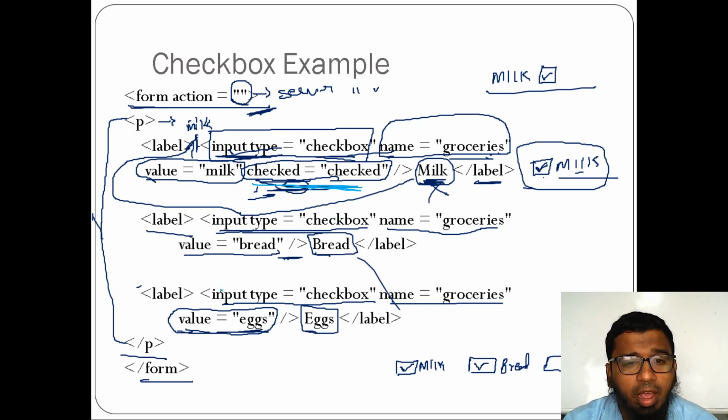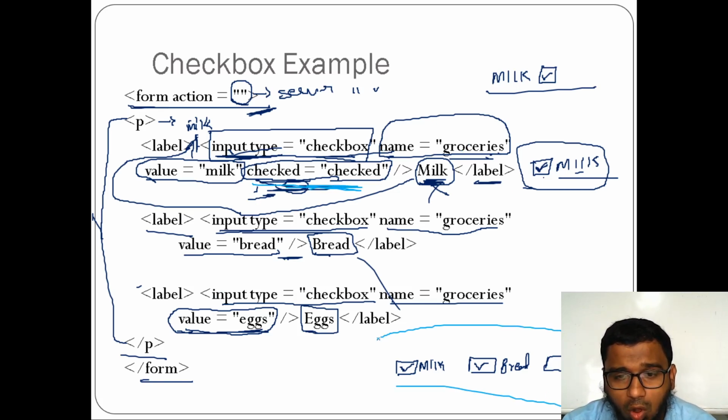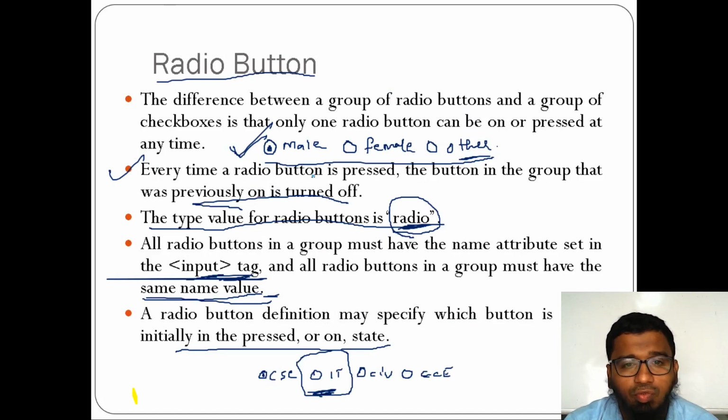Grocery is one example for the checkbox, where you may want all the things, or at least any one of them. And the radio button is commonly used in forms like male, female, others.